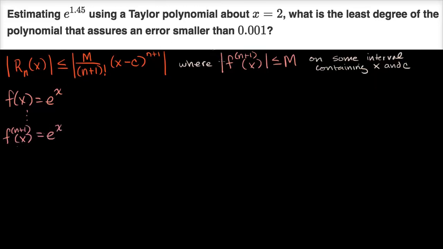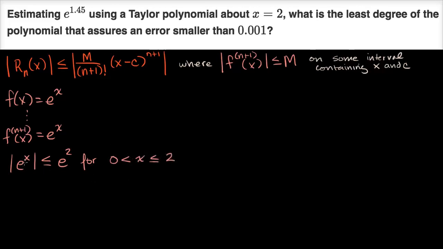These types of problems are very hard if it's difficult to bound the n plus 1th derivative. Well, we know that e to the x, which is positive, is going to be less than or equal to e squared for 0 is less than x is less than or equal to 2.